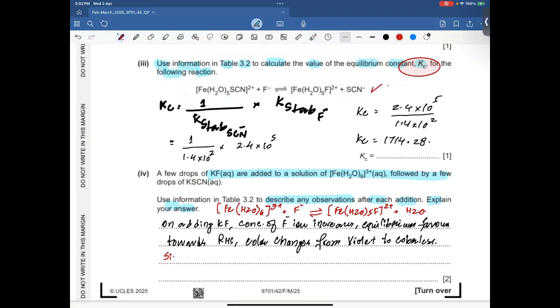Since Fe(H2O)5F 2+ is more stable, oh, my bad, fluoride complex, so no color changes.